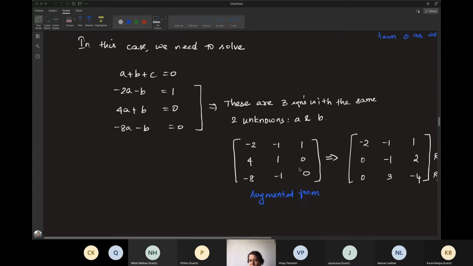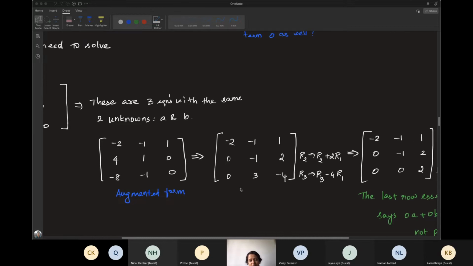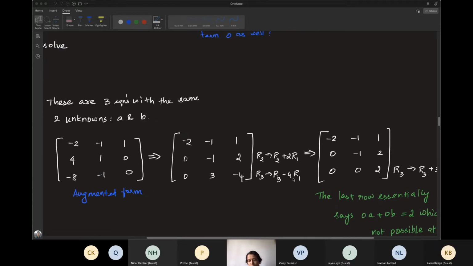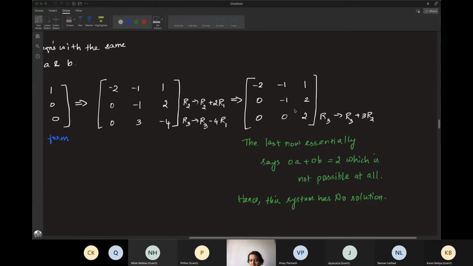I'm just writing them in augmented form and obtaining the echelon form out of this. So we can see that in the last row, we have 0, 0, 2. This essentially says that 0a plus 0b equals 2, which is not possible at all. So this system does not have a solution. We may have a solution if this turns out to be 0. That's what I said when I was talking about the lines being parallel.